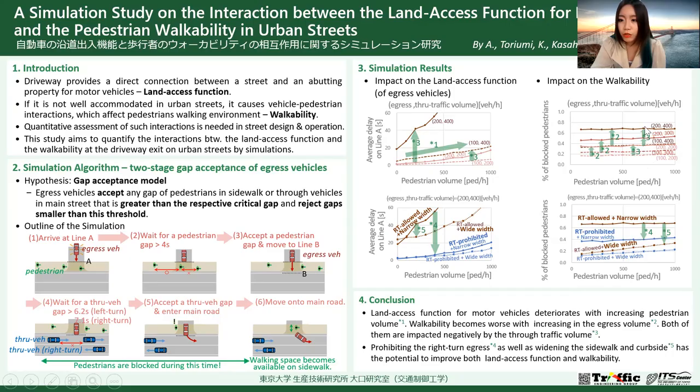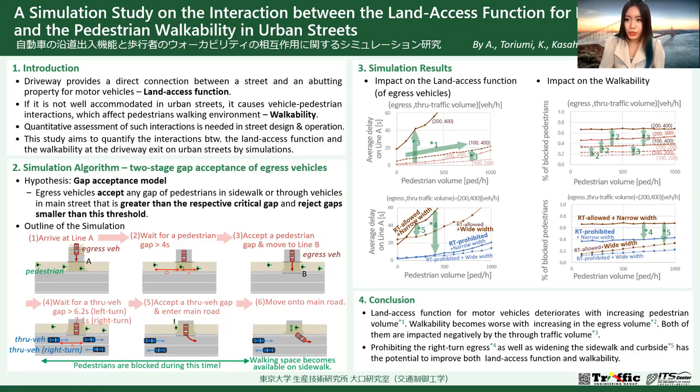So it changed from 100 to 200, and it is also impacted negatively by the through traffic volume, just like the reason 3. So when the through traffic volume becomes higher, from 200 to 300, from 300 to 400, it also has a negative impact.